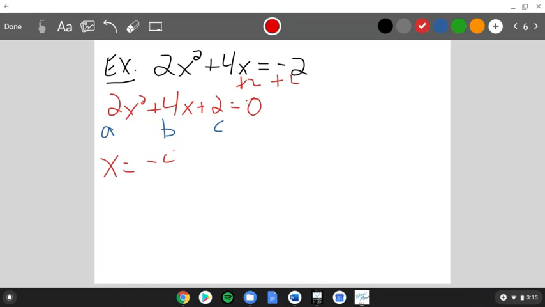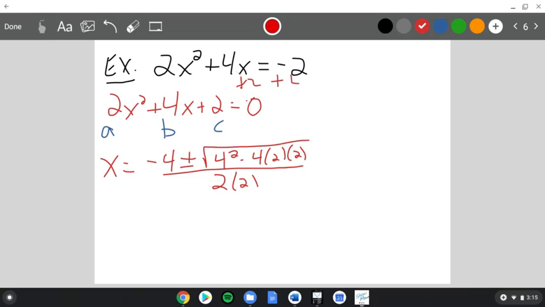Filling into the formula, negative B plus or minus the square root of B squared minus 4AC all over 2A. Underneath the square root, the discriminant, we would have 0.